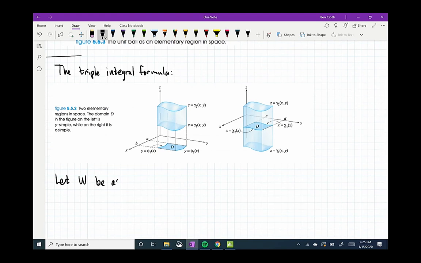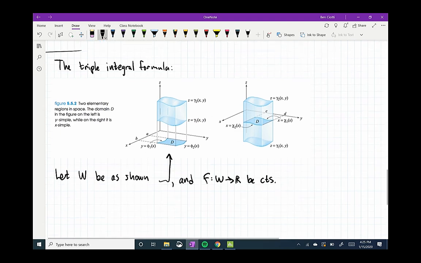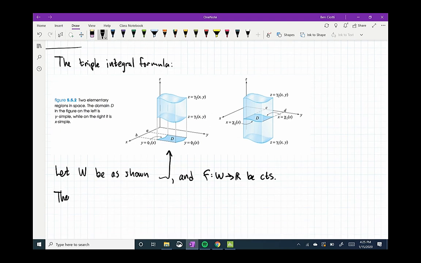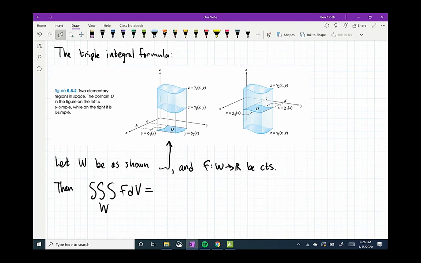Let W be as shown here, and f be a continuous function on W. Then our formula for the integral of f over W will be, okay, let's see.